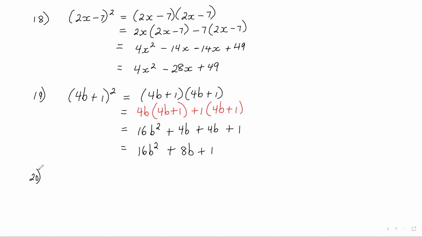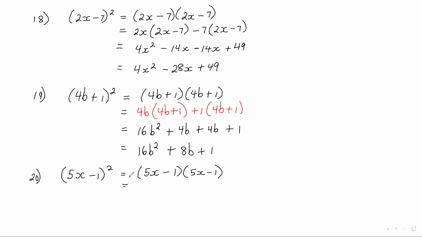Okay. Thank you. Zafi, let's do one, love. Let us do (5x minus 1) squared. Okay. So I would put bracket 5x minus 1, and then I'd write the same thing again.